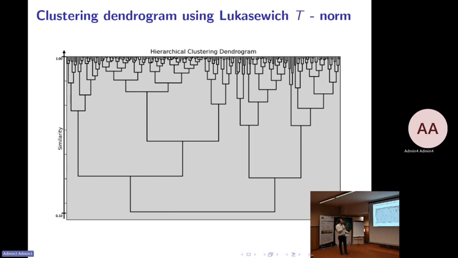This dendrogram shows how clusters are iteratively merged. If we are not fixing the similarity threshold, then in the end we will get only one cluster which contains all observations.